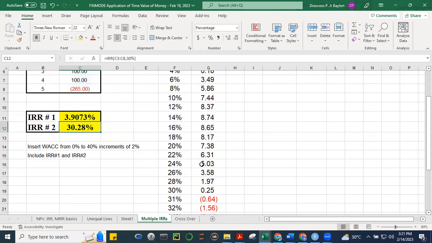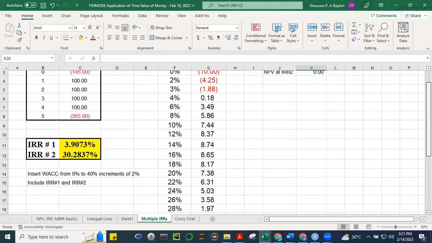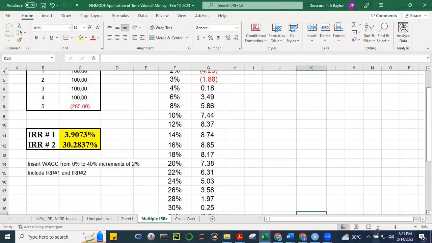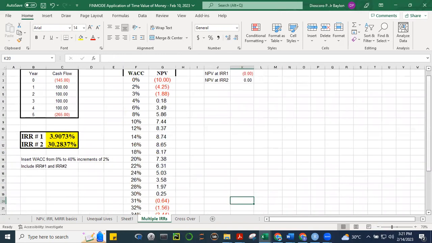Control Enter, and then we have the next IRR, around 30.2837 something.